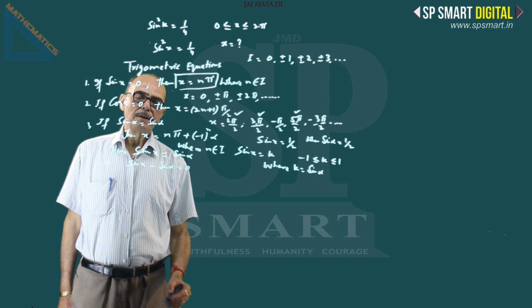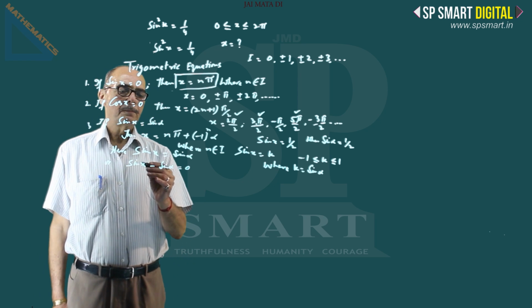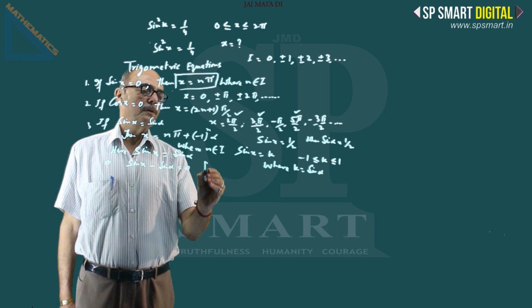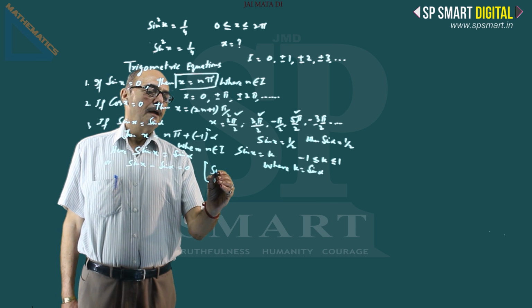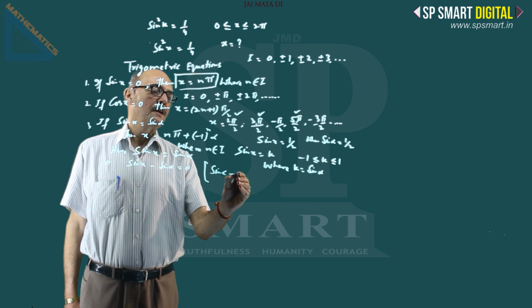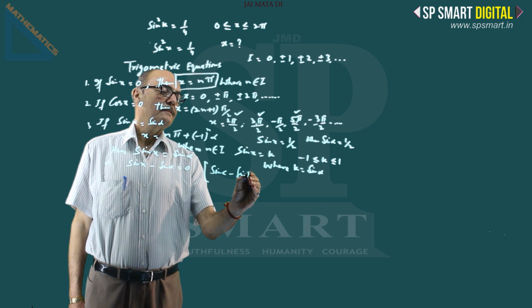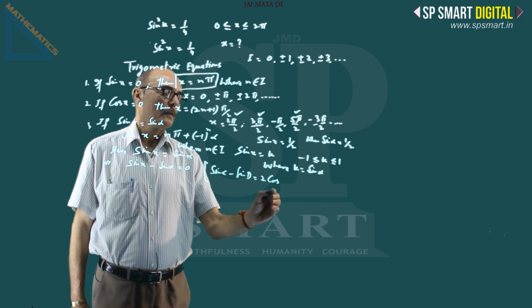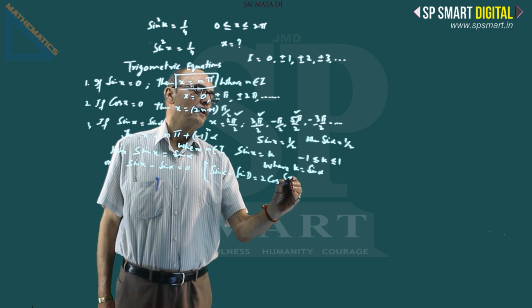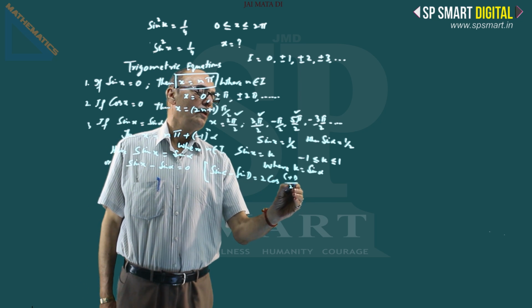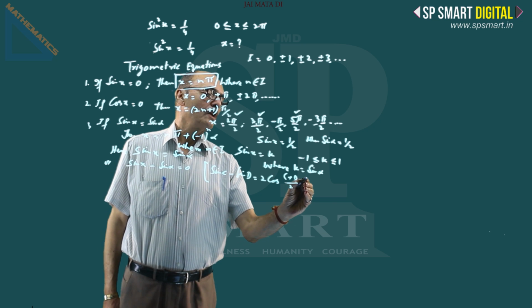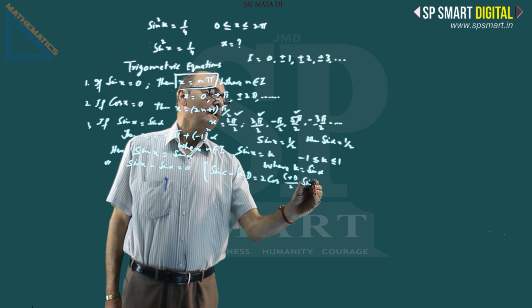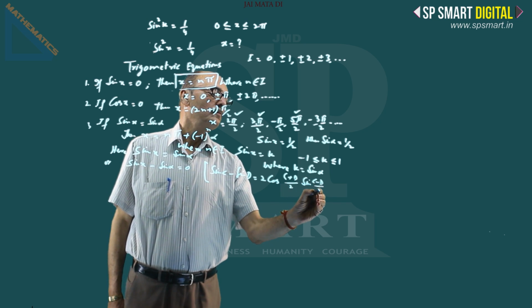We shall try to change it into the product form, using the formula sin c minus sin d as 2 cos of c plus d by 2 into sin of c minus d by 2.